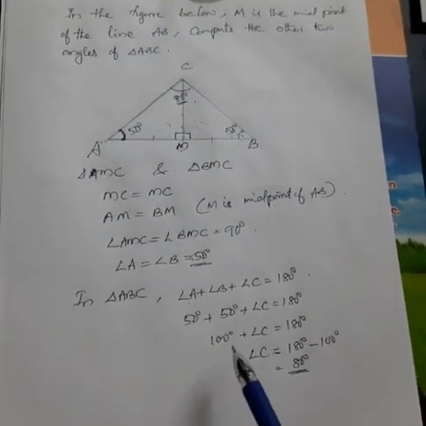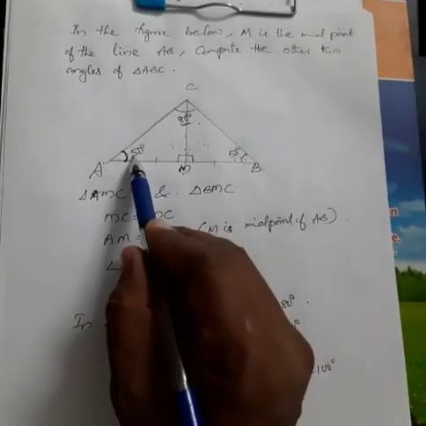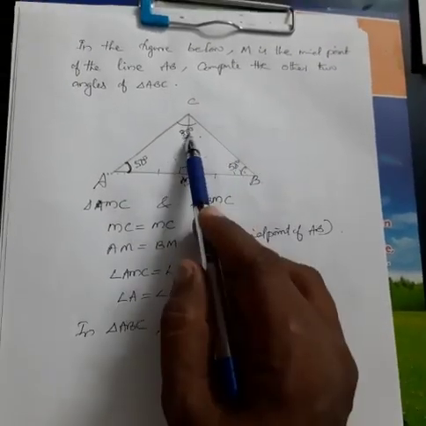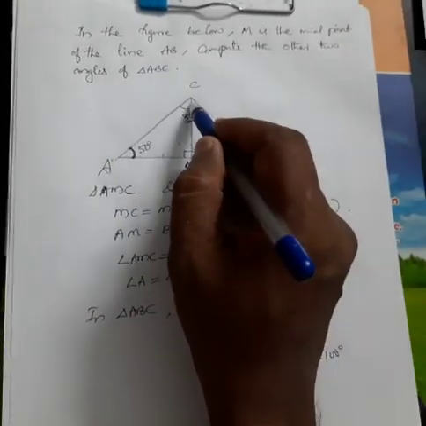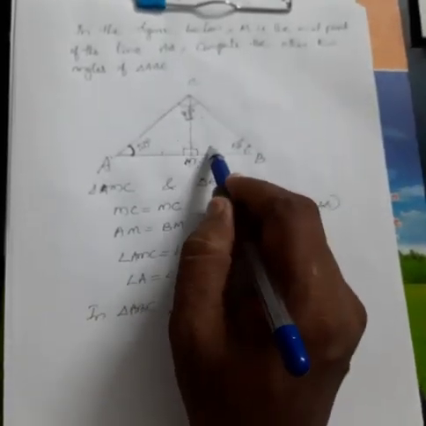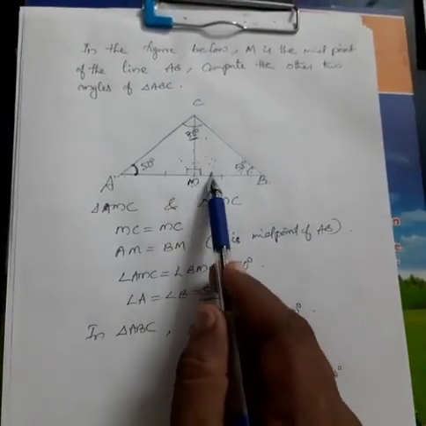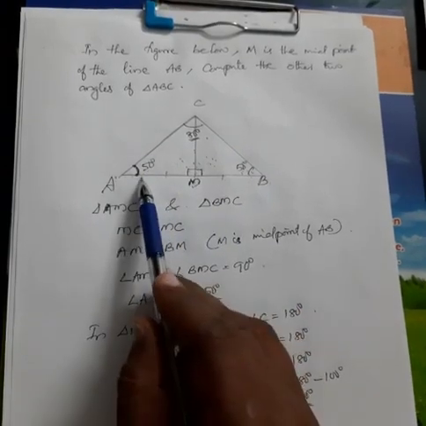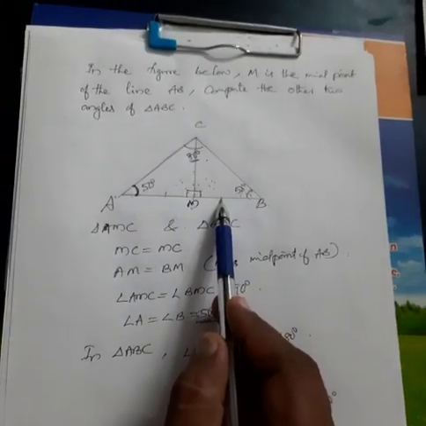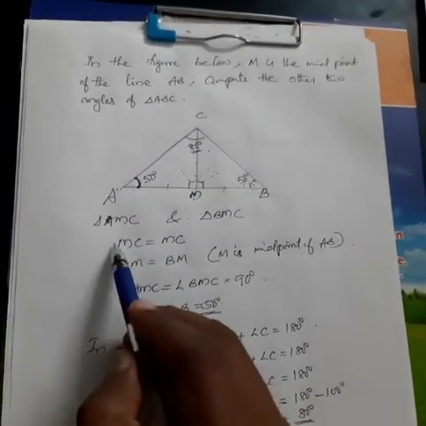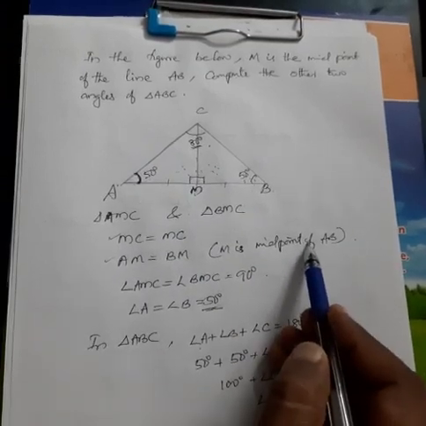So angle C is 80 degree. Here you can find out all three angles. Angle A is equal to 50, angle B is equal to 50, angle C is equal to 80. Remember this one, MC is the common side for both the triangles and this is a right angle triangle. 90 degree you will get here. If M is a midpoint, these two lines are equal length. So MC is equal to MC and AM equal to BM because M is a midpoint.